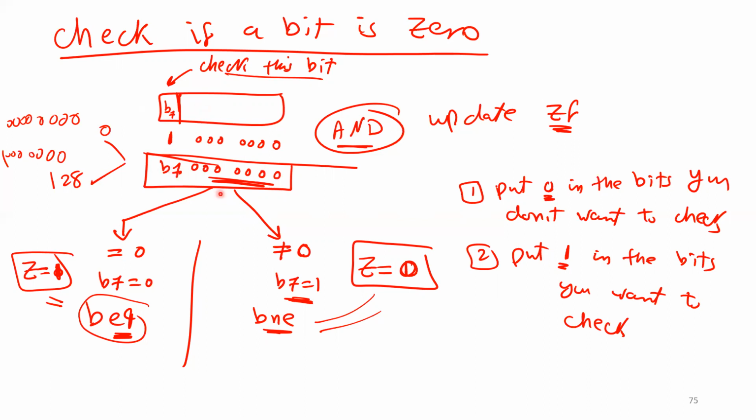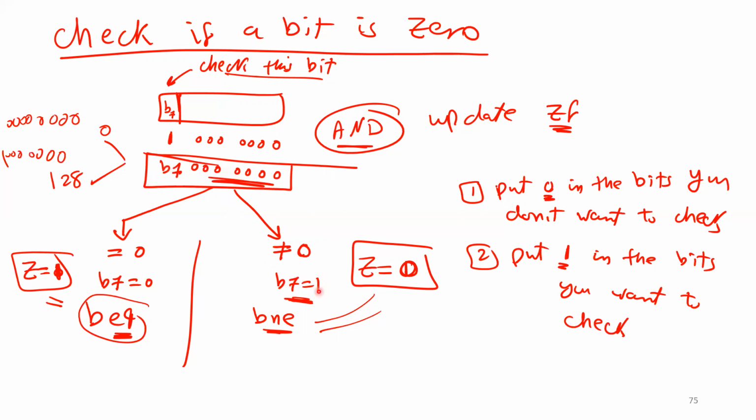And now I'm going to check this byte. I have a byte, right? If this byte is equal to 0, what does that mean? If this byte is 0, it means this bit is 0, right? Yes, it means bit 7 is 0. So after you do AND, you can use branch if equal. If the result is equal to 0, that means the bit or bits I checked are zeros.